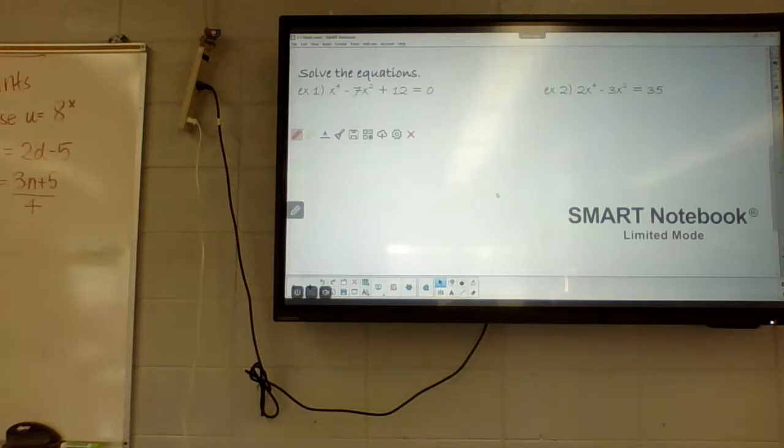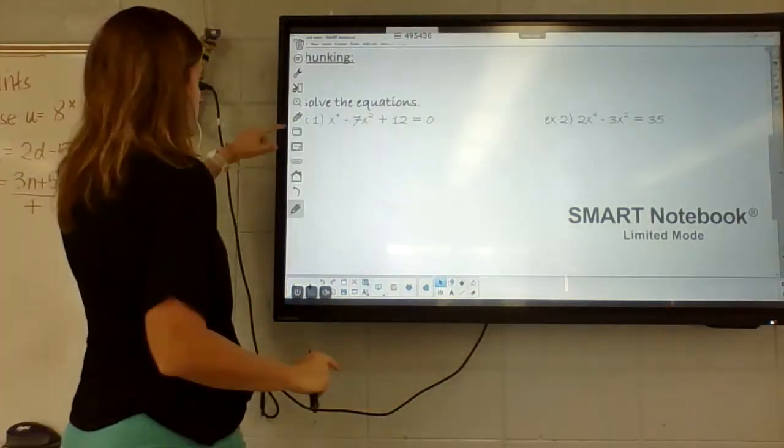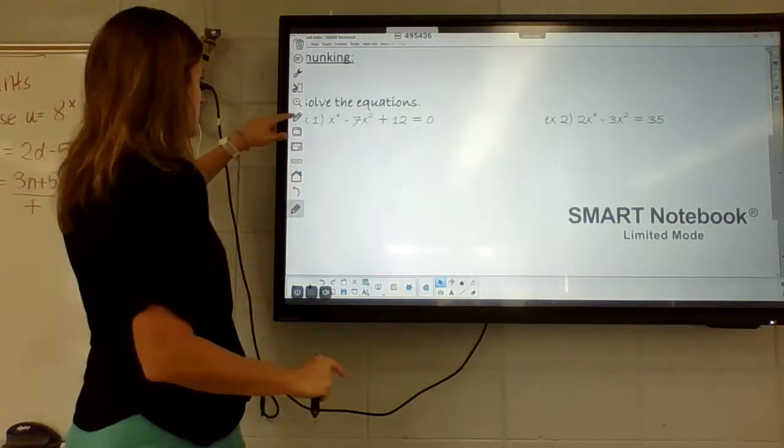Oh, and yeah, so we'll do chunking here for this. Now what I mean by that is basically we're going to use factoring. So I should say using factoring or substitution, and or, to help us solve more complicated problems.